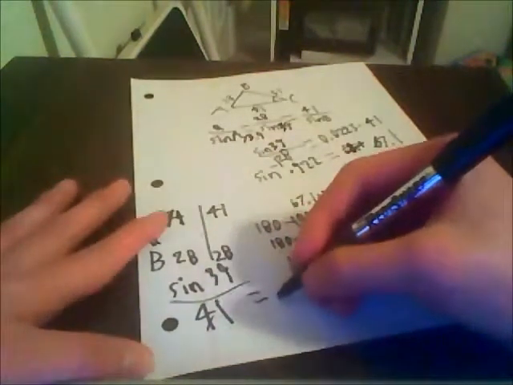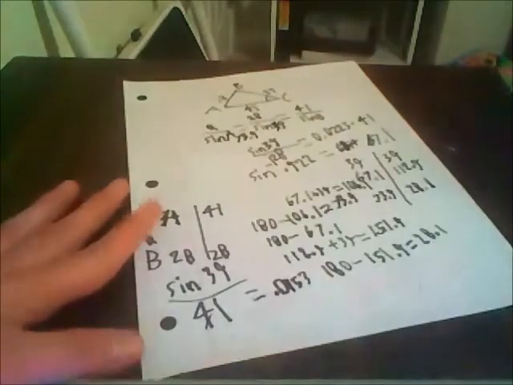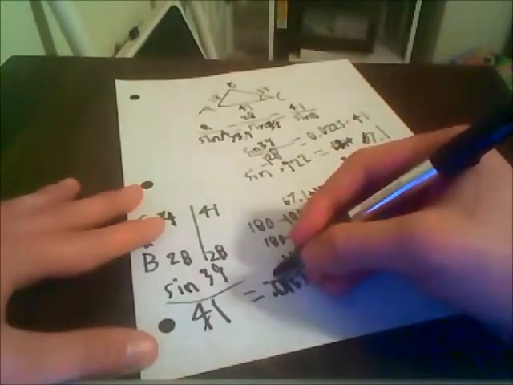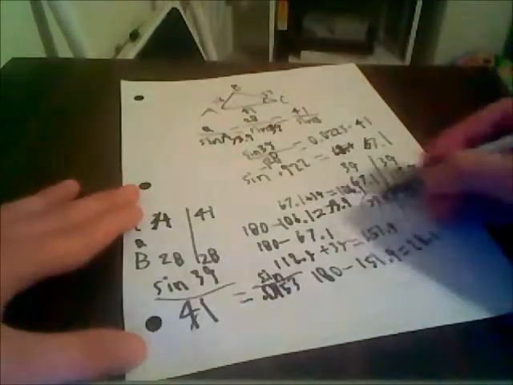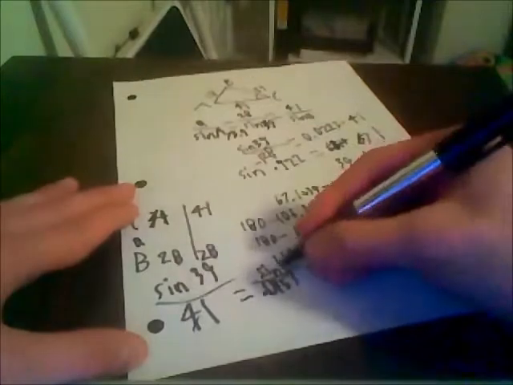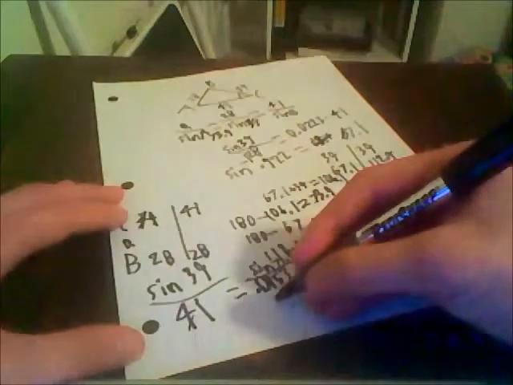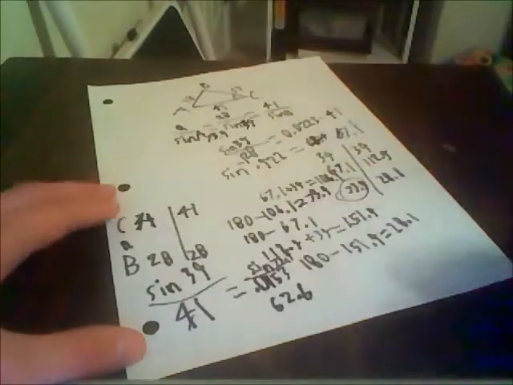Here we find that this equals 0.0153. And then over that, sine 73.9. Divide that using the calculator again, you get 62.6.